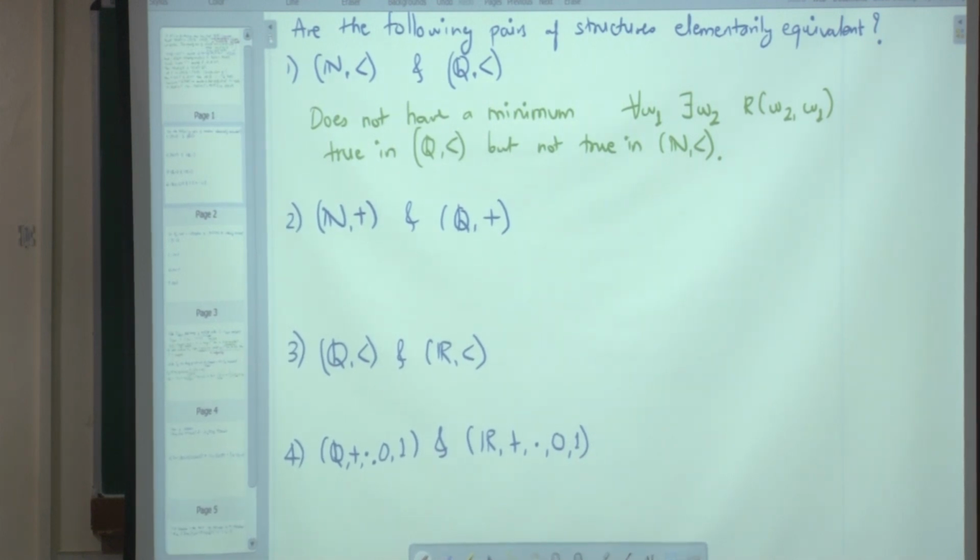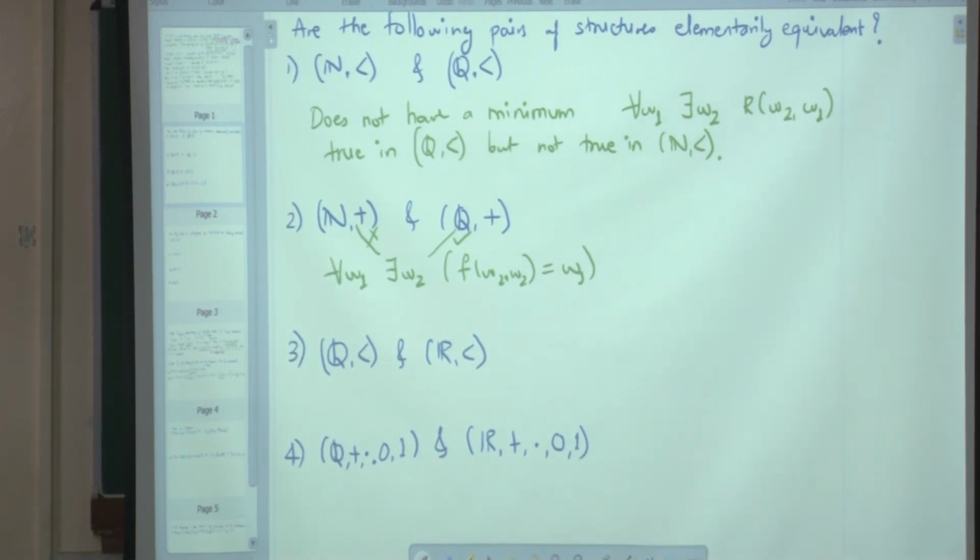How about this? That the number can be divided by 2, I mean it is twice something, it is something plus something. Every rational number can be divided by 2, but not every natural number can be divided by 2. So this sentence, that for all W1 there exists a W2 such that f of W2 is equal to W1, is true here and false here.